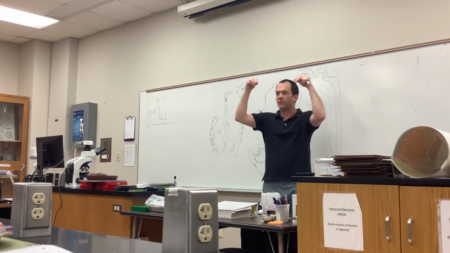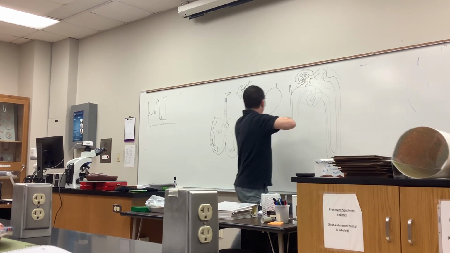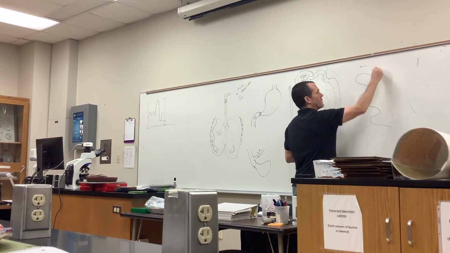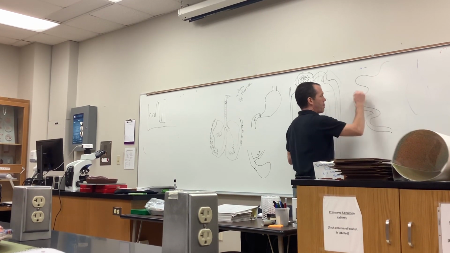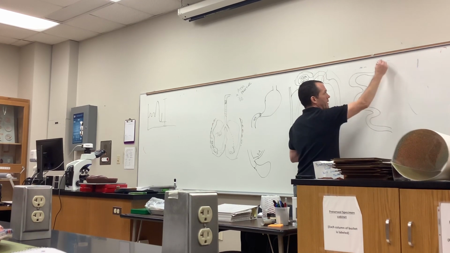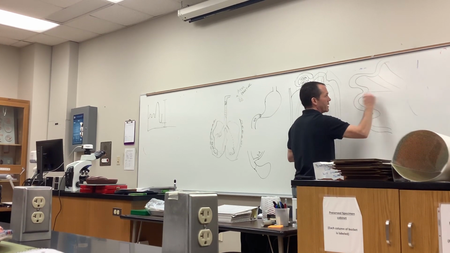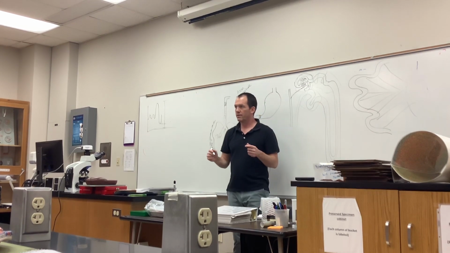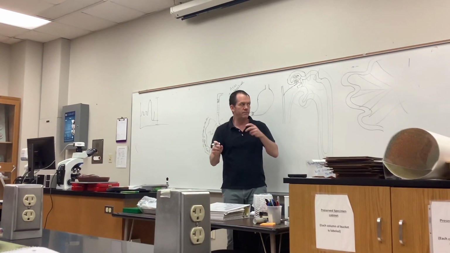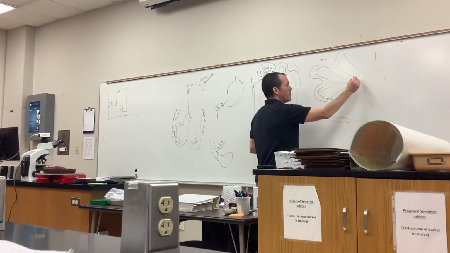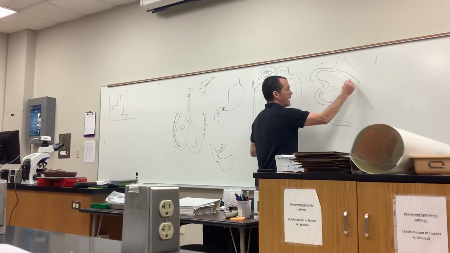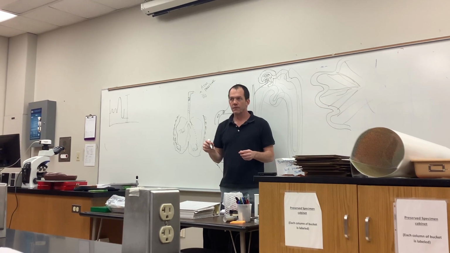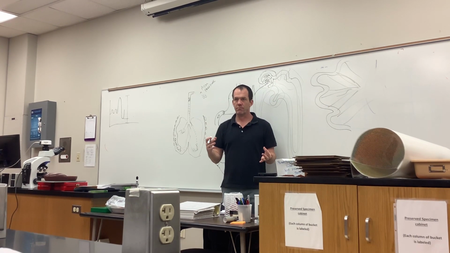When you got into your rat guts and pulled on the small intestine, you'll see a fan-like membrane inside there. That fan-like membrane has blood vessels, lymphatic vessels, and nerves. It's called the mesentery, right?